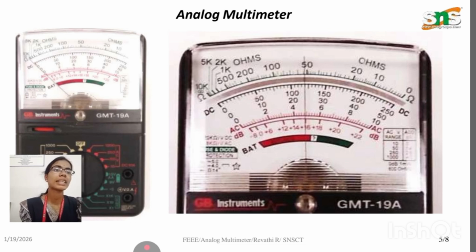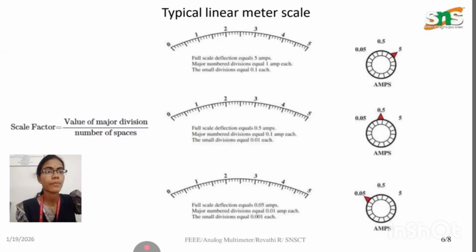In DC it is 0 to 250, which is used to measure residential voltage values, and in AC voltage it is in decibels, dB, along with BAT, which indicates the values of the devices connected across the analog multimeter.